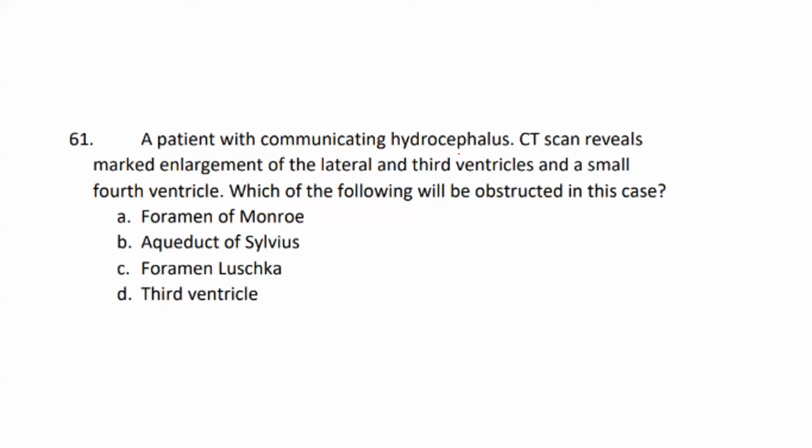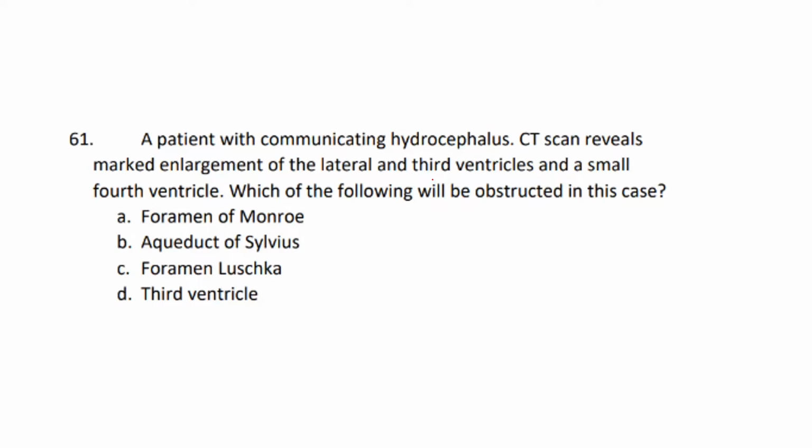A patient with communicating hydrocephalus. CT scan reveals marked enlargement of the lateral and third ventricles, and the patient has a small ventricle. Right? Which of the following is going to be obstructed in this case? So a bit of a small hint, right?